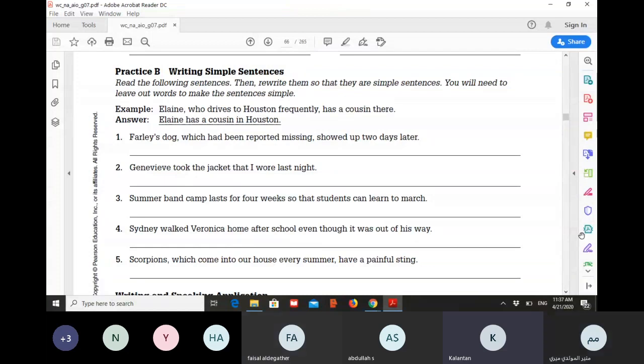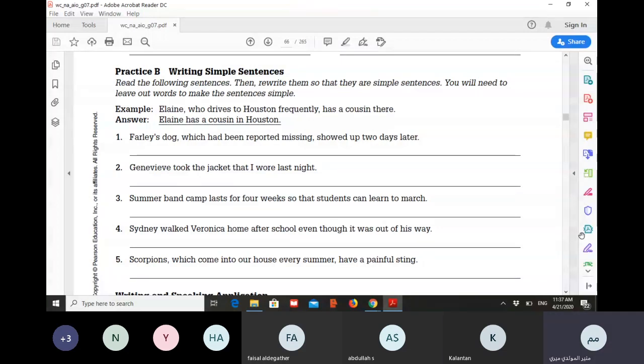Had been reported missing. So there is extra information here in the sentence. When I say Farley's dog is missing, here you have changed the tense used in the sentence. You should not change or alter any of the main parts of the sentence.